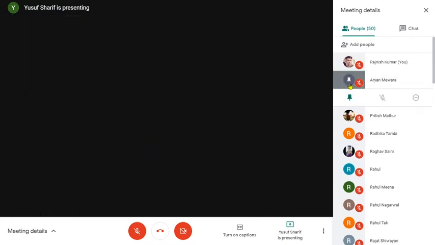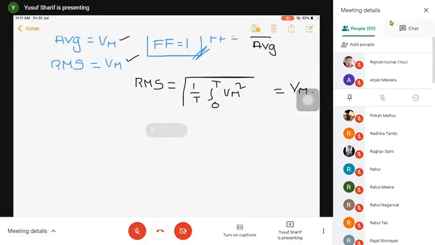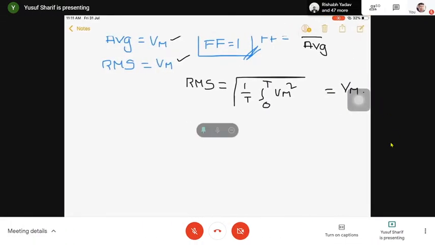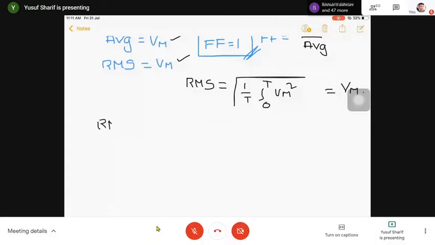Now tell me, what about the relationship between RMS and average? Which value is greater? Is RMS greater, or is average greater? Which one is greater, RMS or average? Sir, RMS. Definitely the RMS value is greater. Always keep one thing in mind: the RMS value is always greater than or equivalent to the average value.